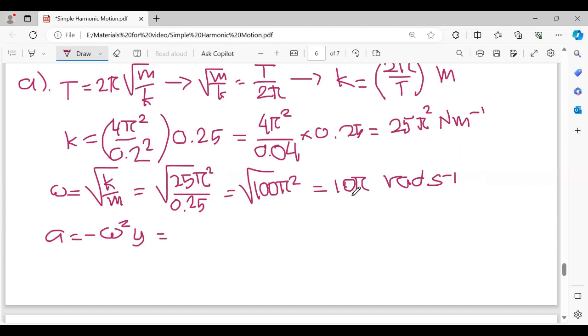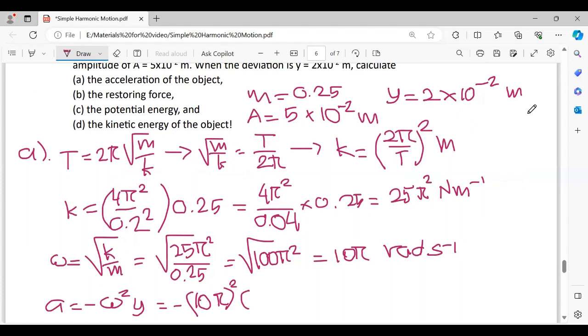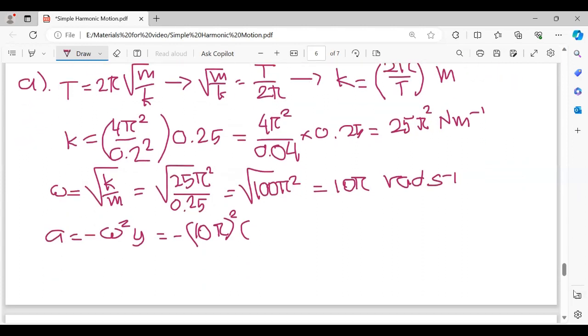With omega equals 10 pi, squared, and y equals 2 times 10 power negative 2.